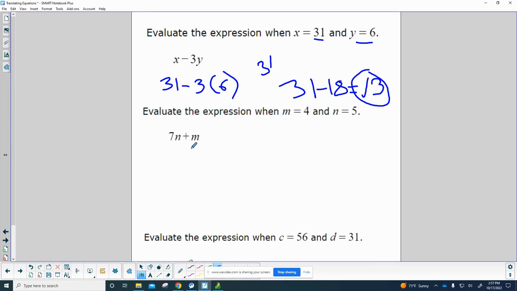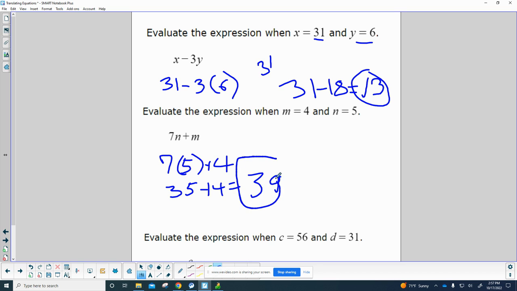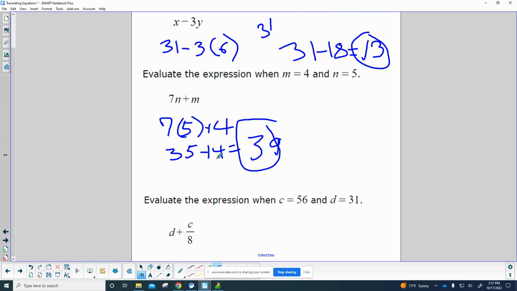Okay, evaluate the expression when m equals 4 and n equals 5. So 7 times 5 plus 4. 7 times 5 is 35. 35 plus 4 equals 39. Okay, how about this last one here?